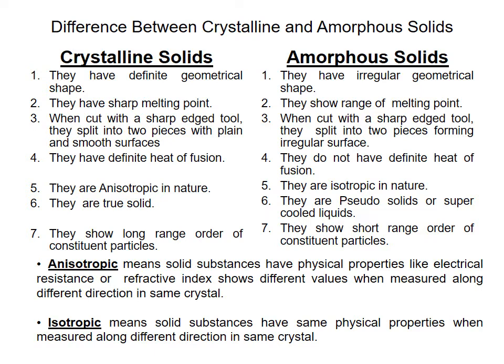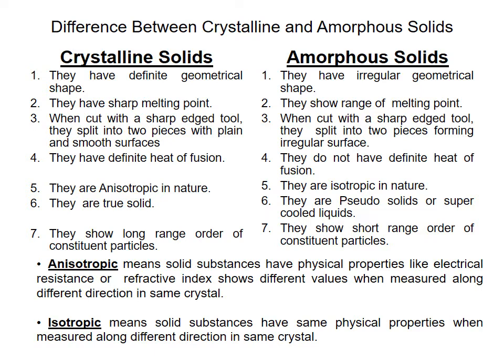Now, isotropic substances are those substances which show that the physical properties along any direction in the crystal are the same. Then such substances are considered to be isotropic in nature.